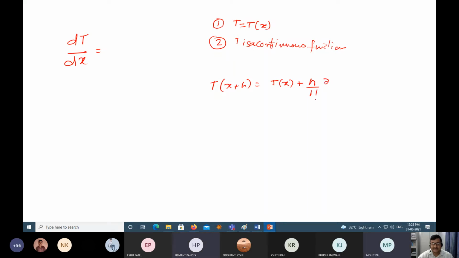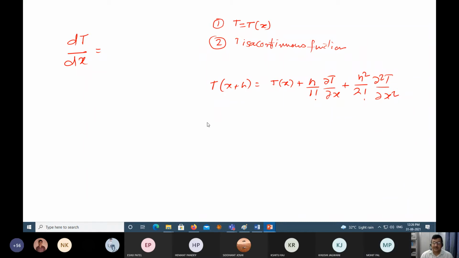Then the third term: h square by 2 factorial into d square T by del x square. I can write d here because it's only one dimensional.